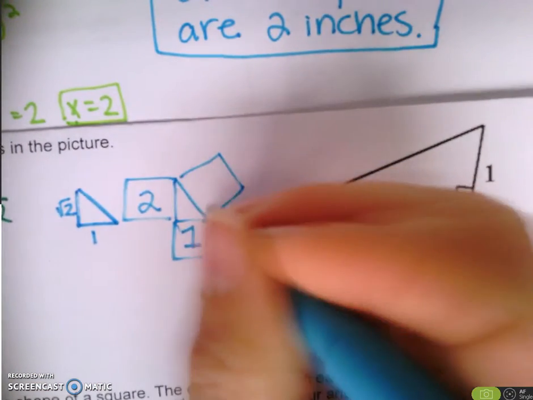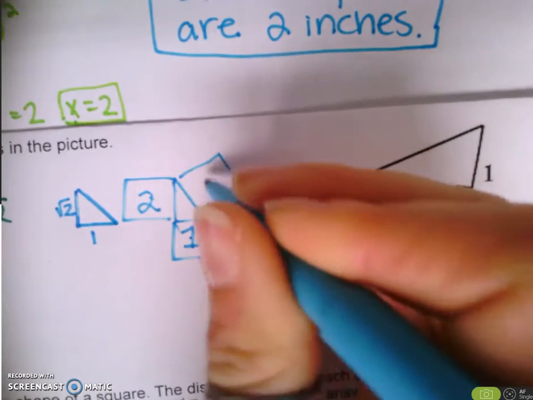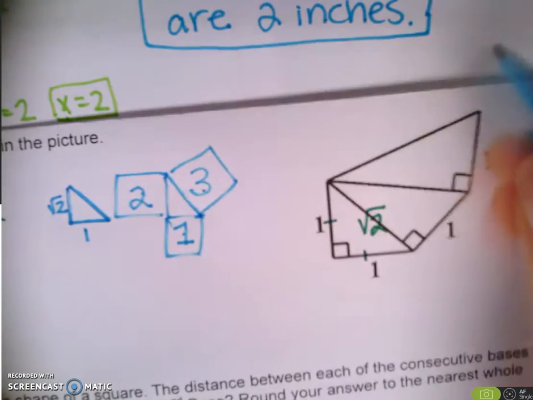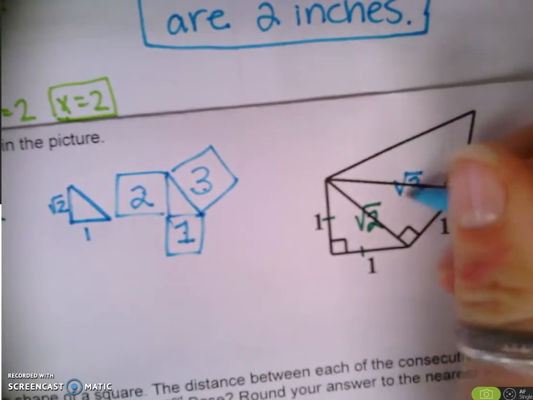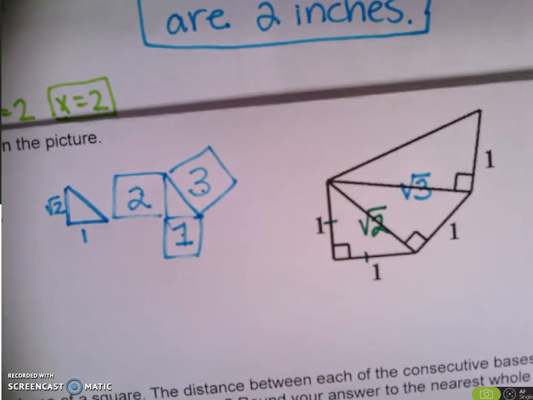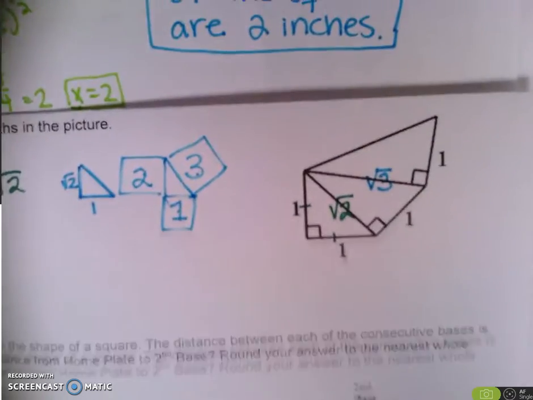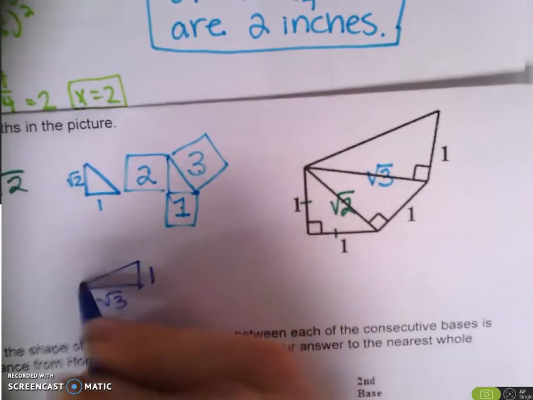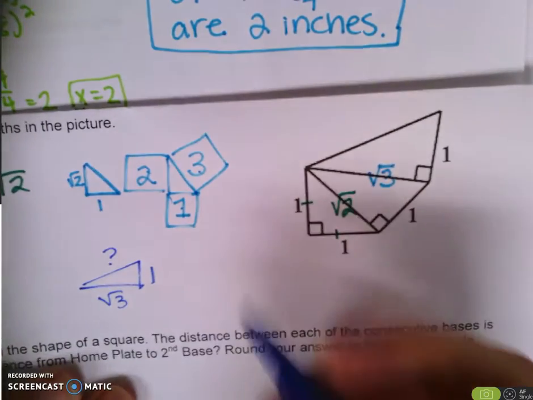So I know that this value is the sum of the 2 legs, which is 3. So if the area is 3, the side length is radical 3. Excellent. That's not too bad. So then the next right triangle we're going to be looking at has radical 3 and 1, and we need to find the hypotenuse there.